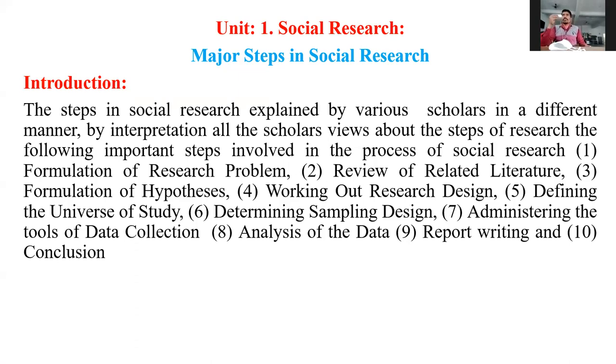Let us discuss one by one the systematic steps which play an important role in the process of research. They are the formulation of the research problem, review of literature, formulation of hypothesis, research design, the universe of study, determining the sample design, administering data collection and analysis of data, and report writing. We need to discuss these in a detailed manner.